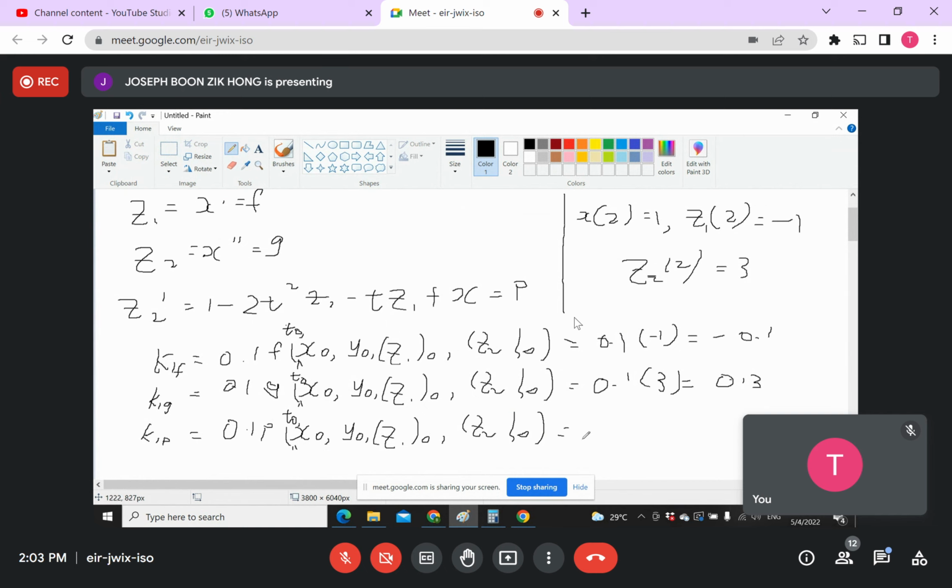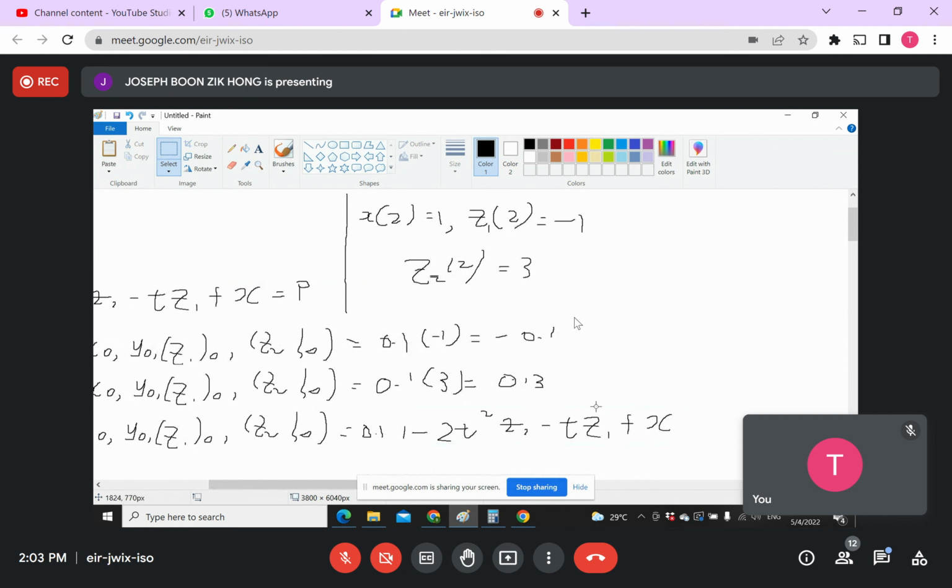So it should be 0.1, but now it's the P function. Of course, we don't have TZ anymore, we have to change.